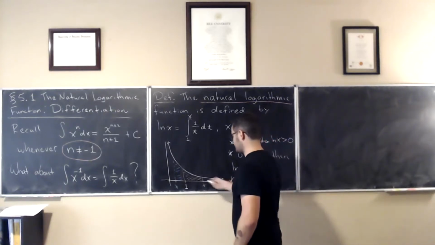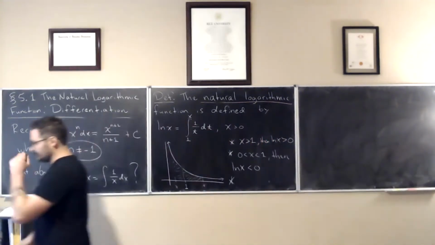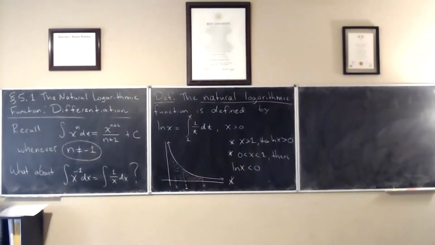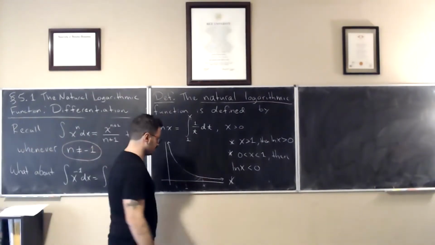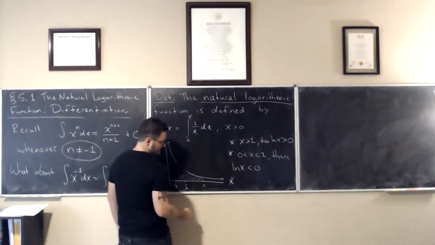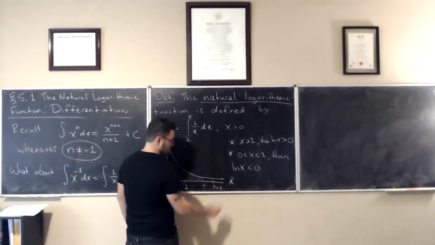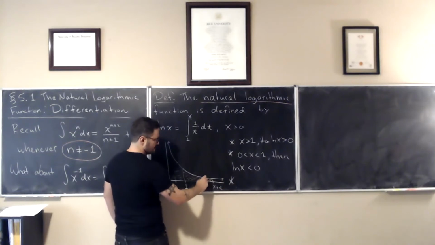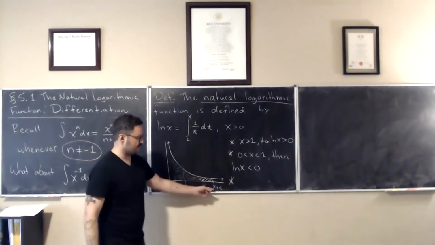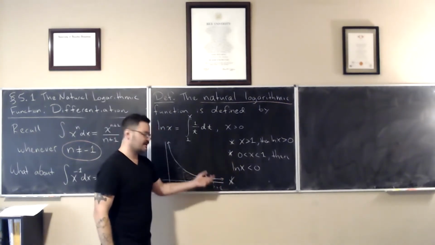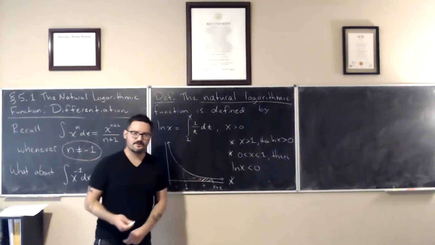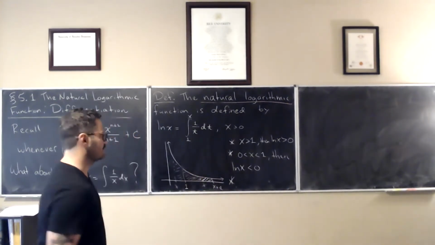What else can we learn about this definition, just by looking at the picture, really? Well, if we take x larger and larger, right? Here's my first x that I pick. If I pick another, like x plus 1 right there, then we integrate and have all that area. If I pick x plus 2, we see that we're getting more and more area, right? We see that the function is increasing.